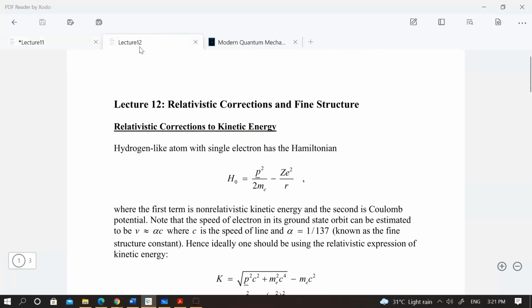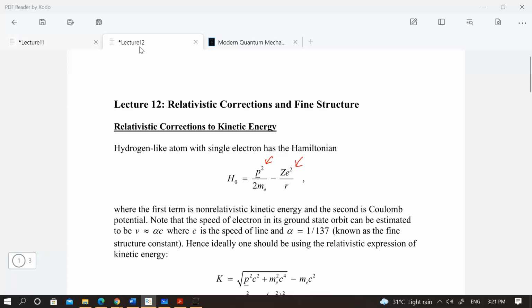Right. So the next thing that we want to do for today is essentially to talk about some more applications of your perturbation theory. Okay. And the first thing that we want to actually see is the case of relativistic corrections. So if you look at the Hamiltonian that we have for the case of a hydrogen atom, for instance, essentially we have your kinetic energy here and then your Coulomb potential.